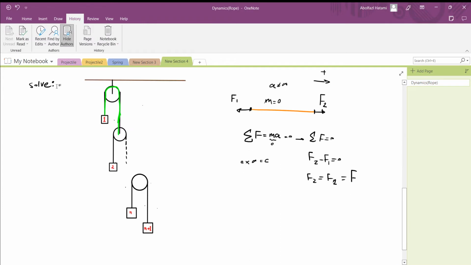If we have a tension here equal to T1, the tension in rope 1, which is attached to block 1, then here again the tension is T1, according to the proof here. So it's a kind of proof.